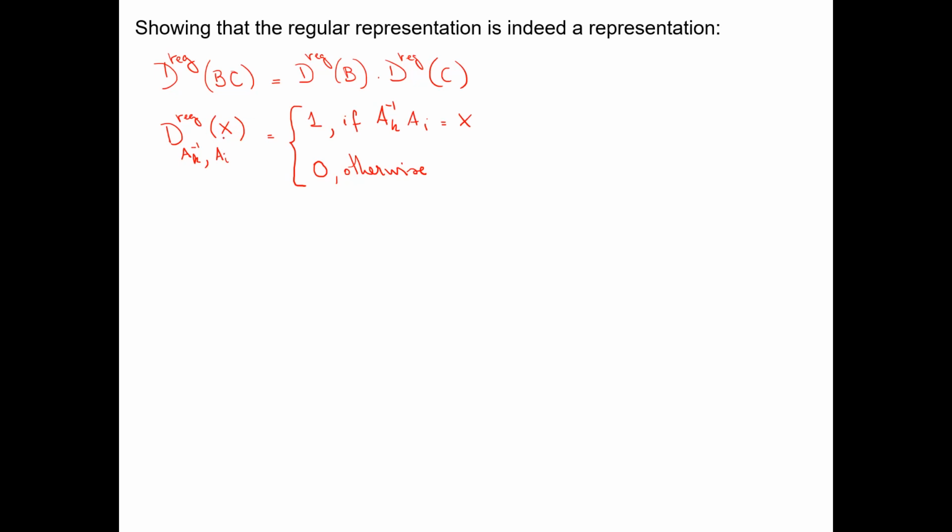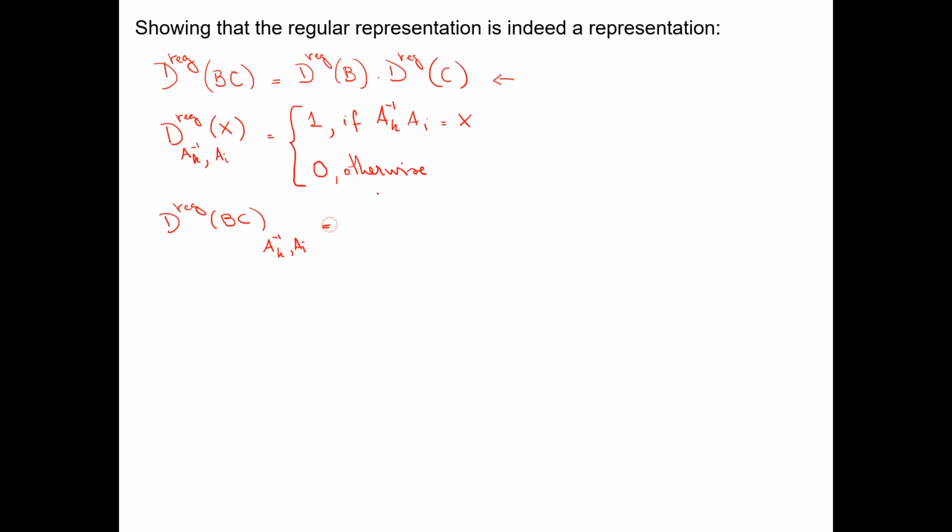Okay. So let me just use this notation to calculate this product of matrices. We can calculate the product of matrices in the usual way by summing over the inner indices, right? So you have the matrix corresponding to the product, and then I'm going to focus here on the particular matrix element AK inverse AI.